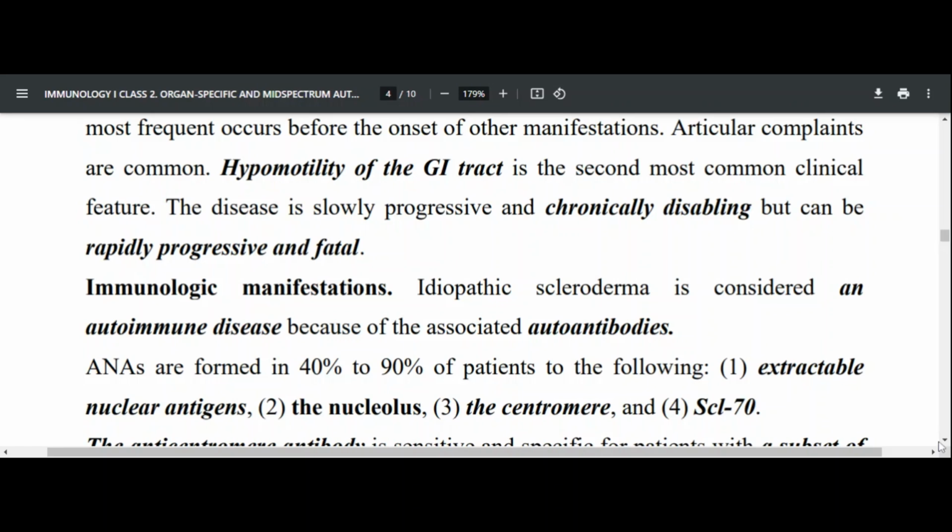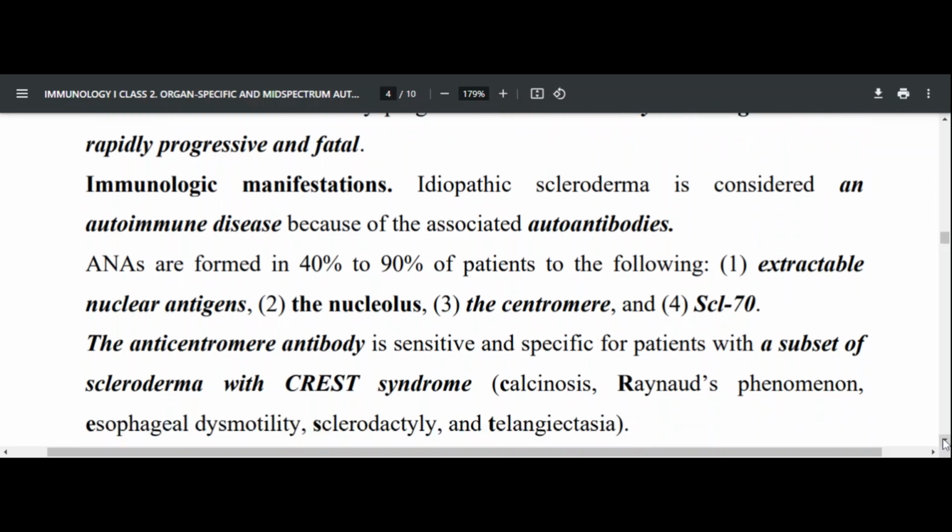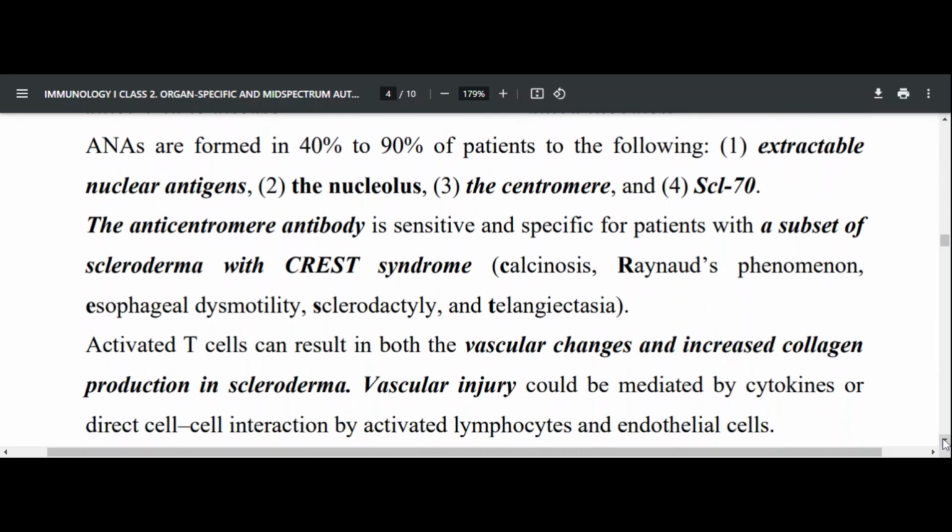The anticentromere antibody is sensitive and specific for patients with a subset we call CREST syndrome. Someone can have scleroderma with the subset of CREST syndrome, and you find these patients experiencing calcinosis, Raynaud phenomenon, esophageal dysmotility, sclerodactyly, and telangiectasia.